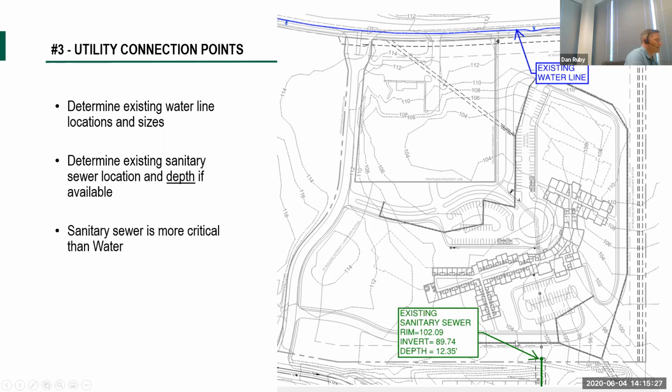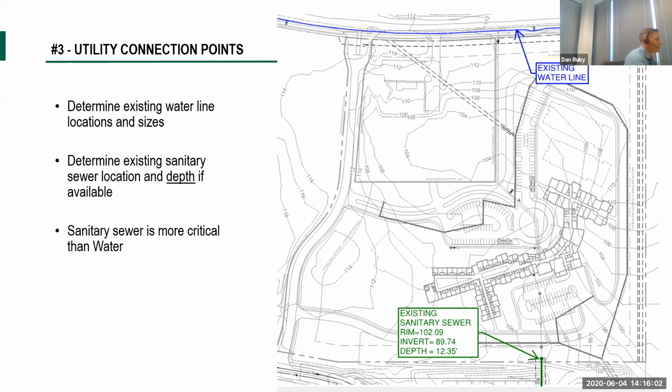So again, just keeping in mind that that depth is important, because otherwise that could drive your finished floor elevation of the building. You might have to raise the building finished floor, which would involve, of course, some additional earthwork costs. Or you look at something like the potential for a lift station, which not only has the capital cost of it up front, but also the operations and maintenance costs of it forever and ever, for electricity, for replacing pumps and those sort of things.